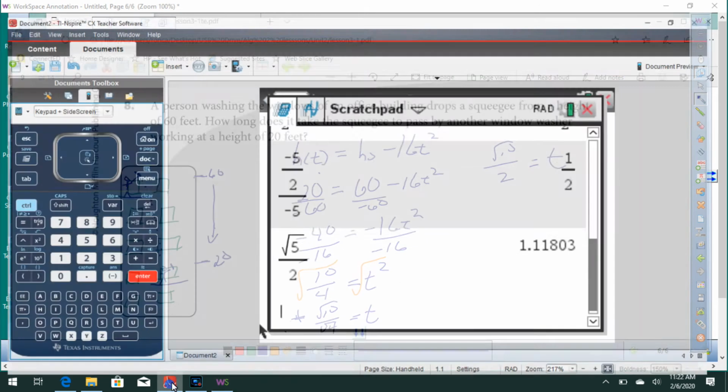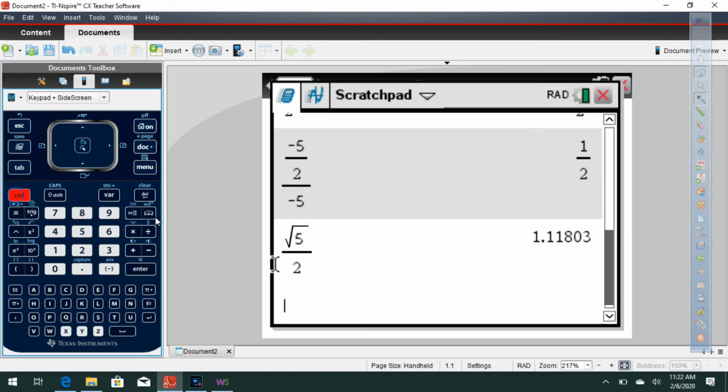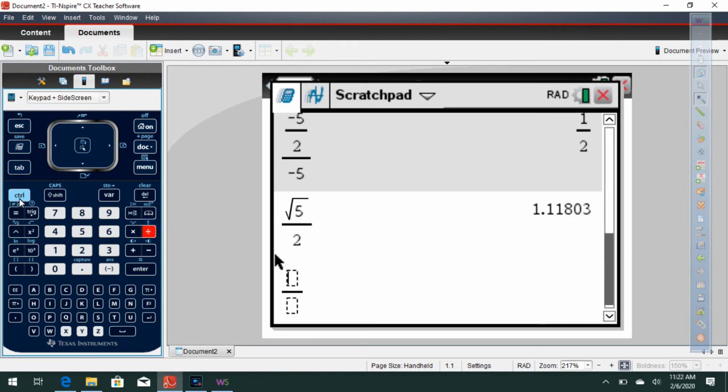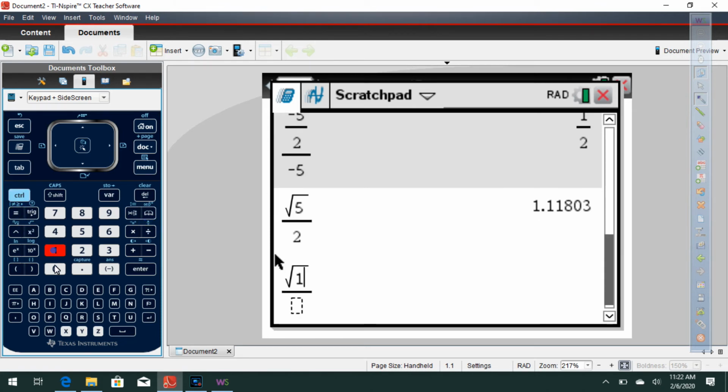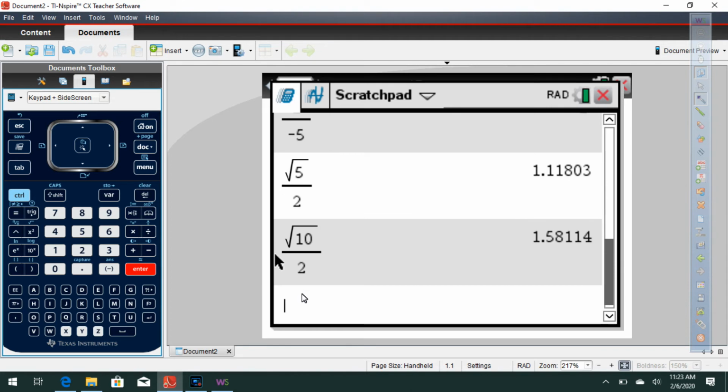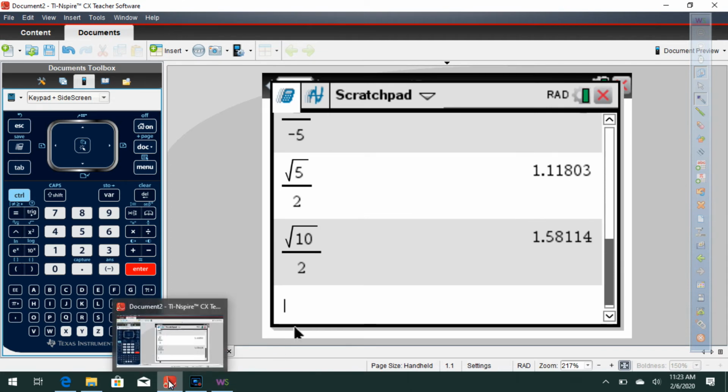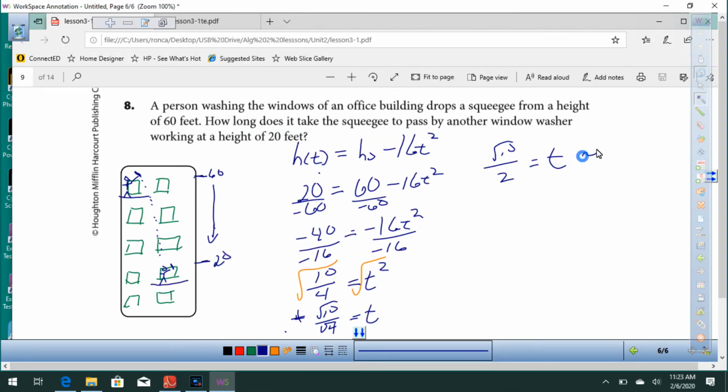Well, how much is that? 1.58 seconds, which is approximately 1.58 seconds. So that's how fast, Tori, you got to move before Sydney pops you on the head with that.